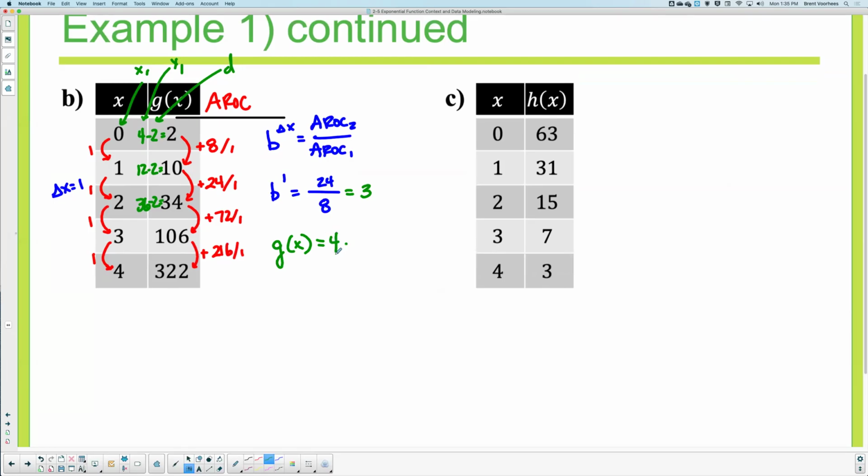What's our base? 3 raised to the power of x minus 0. And then minus d, which is -2. You could rewrite this. You don't have to include the x minus 0. What is anything minus 0? Itself. So you can just leave it like that. That should be our equation.